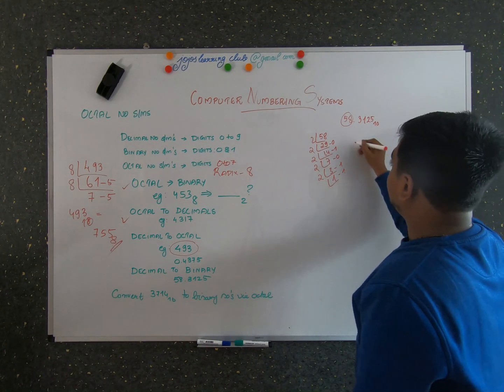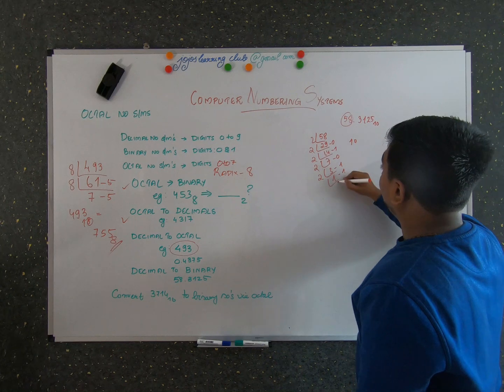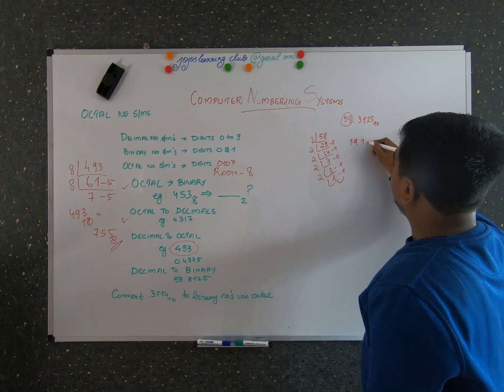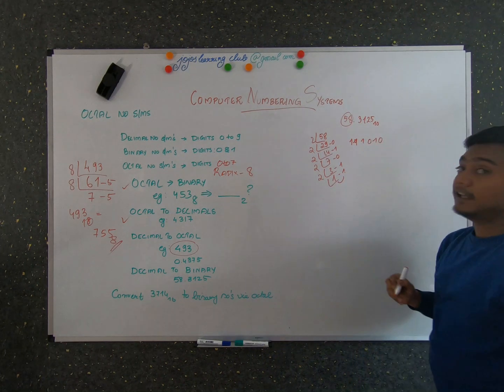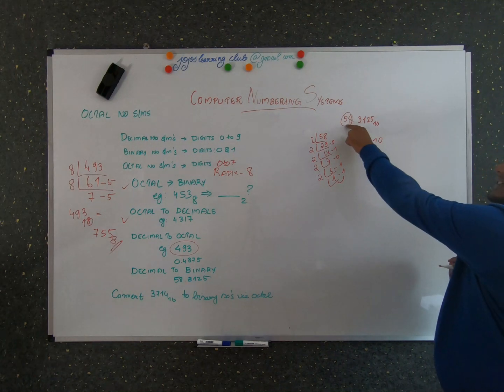So you can write this number as 1 1 1 0 1 0. This is the binary number for the decimal number 58.